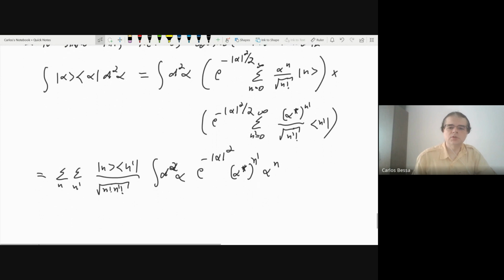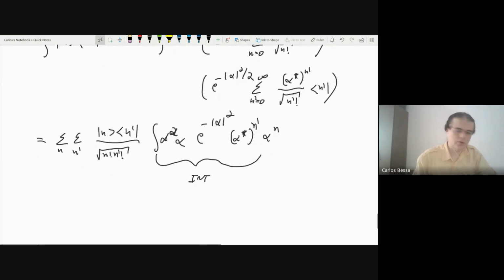So okay, to solve this integral, I will not show it here. I'll just give the result. This integral I'll call int. So int is just something like pi, n factorial, delta n n prime.